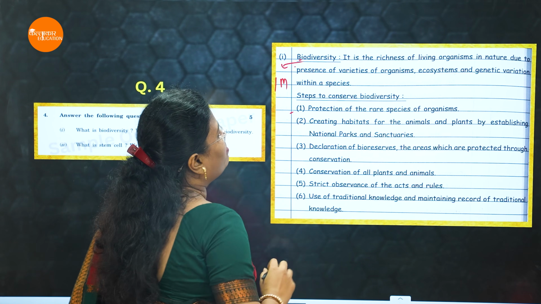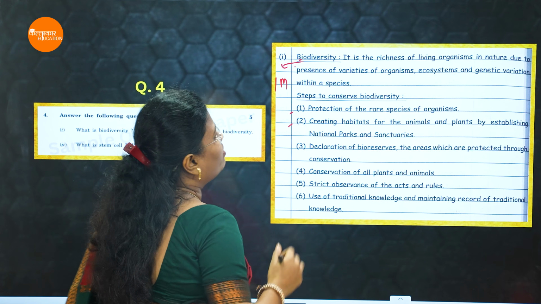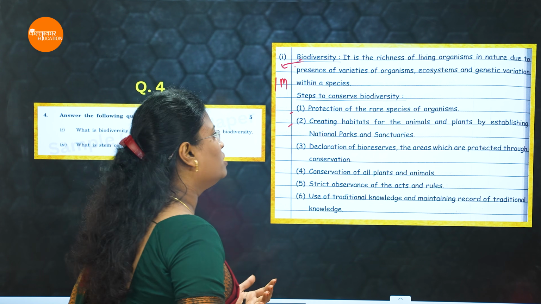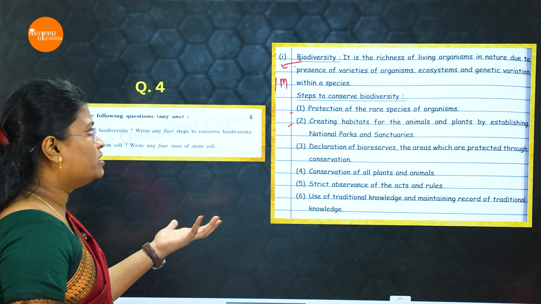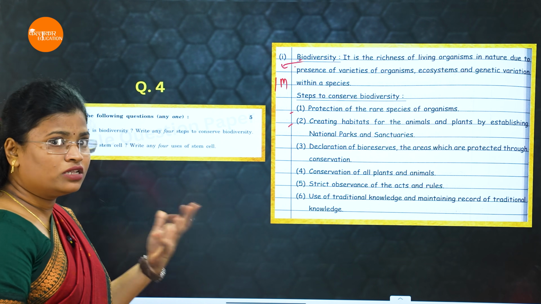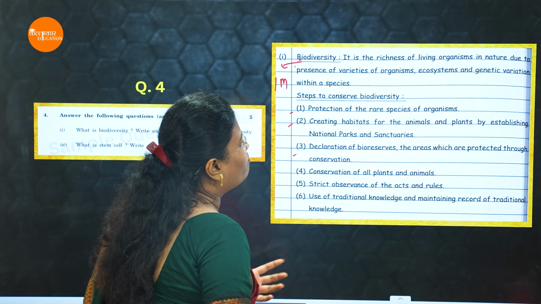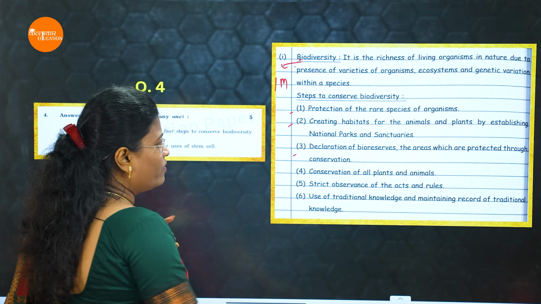First point will be protection of the rare species of organisms. Second one will be creating habitat for the animals and plants by establishing national parks and sanctuaries. You can establish national parks and sanctuaries for the preservation or conservation of the animals and plants. Next one will be declaration of biosphere reserves, the areas which are protected through conservation.